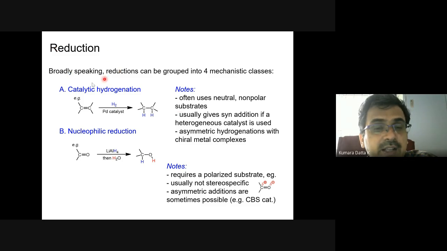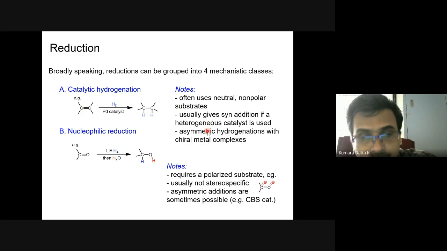For catalytic hydrogenation reactions, we generally use a palladium catalyst and pass hydrogen gas to an unsaturated carbon. Upon addition of hydrogen, this unsaturated carbon gives rise to a saturated hydrocarbon.